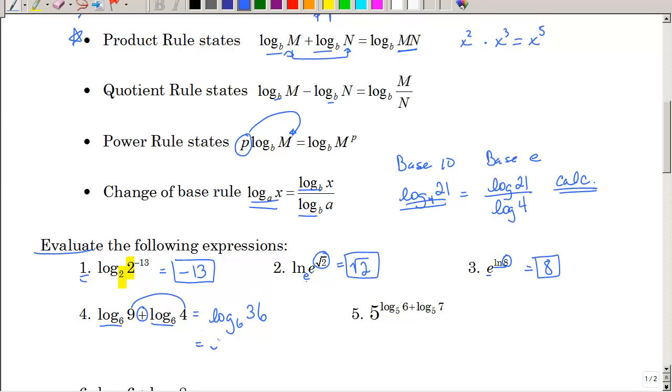Yes, I can. Think about it, I'm in base 6. How could I write 36 in terms of base 6? Well, isn't that 6 squared? And if that's 6 squared, isn't that like problem number 1, where the base and log cancel each other out? So that's just equal to 2.